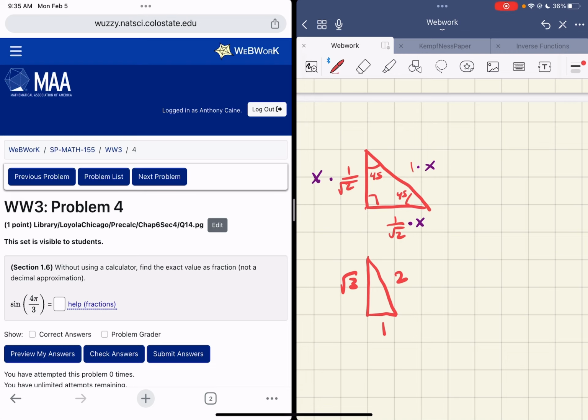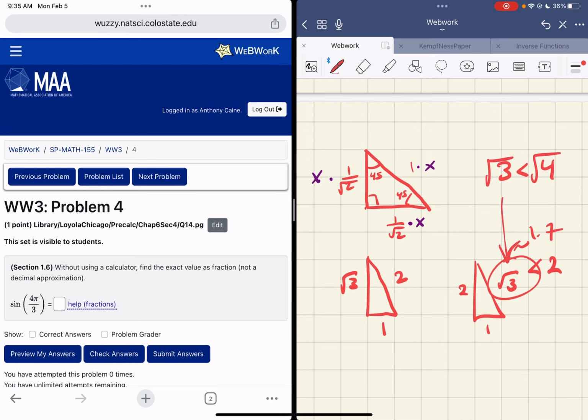And we should have had some fire alarms going off in our head because when I said 2 and 1 and root 3, well, if we have some number sense, root 3 is about 1.7, and you don't need to know that, but if you knew that's less than 2, and that's something that we might know without knowing we know, because 3, famously, is less than 4. And if you take the square root, it's still true. So anyway, all right, so I should have caught that.